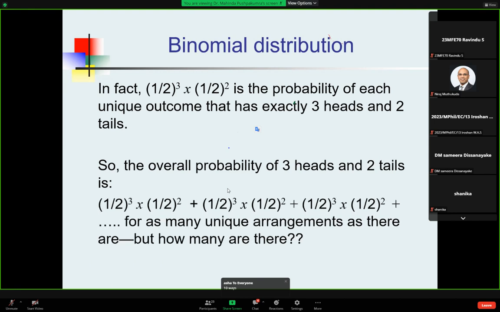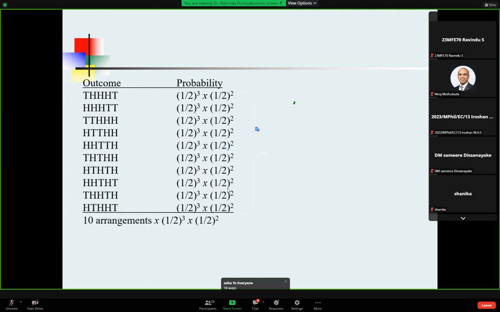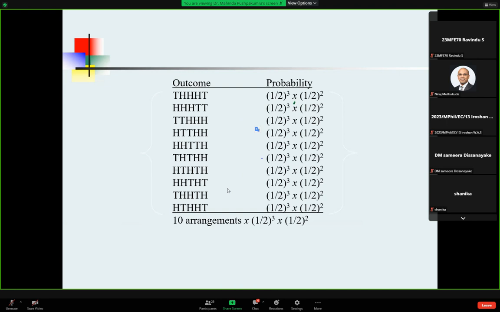Then like this, how many ways do we have to get 3 heads? There are 10 ways. There are 10 ways to get 3 heads.